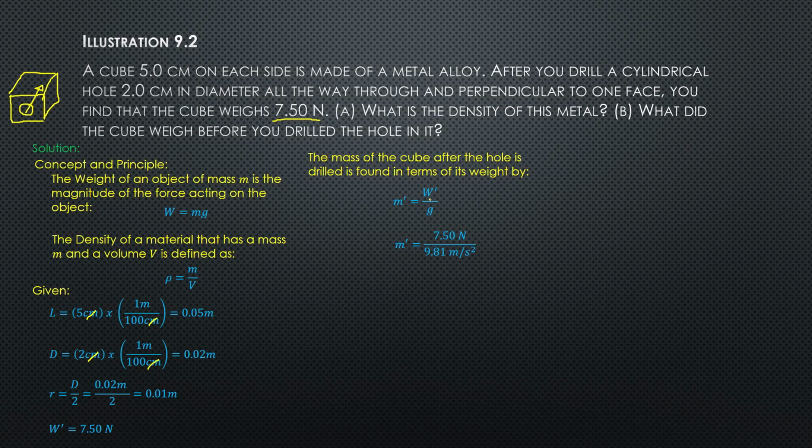Substituting the values, the weight with hole is 7.5 newtons divided by acceleration due to gravity, and this is constant, so that is 9.81 meters per second squared. So the mass of the cube with the hole is 0.76 kilograms.